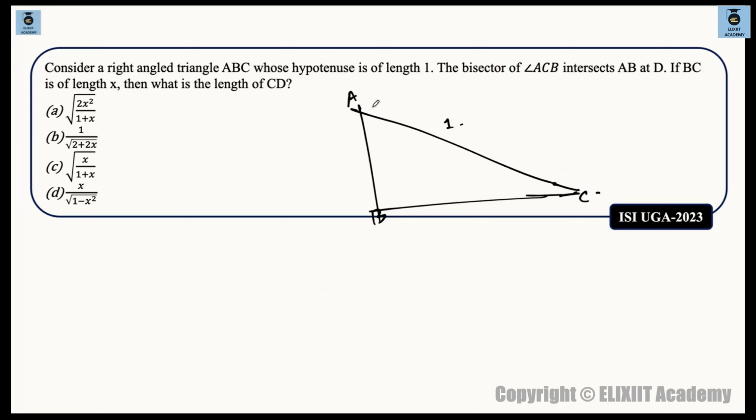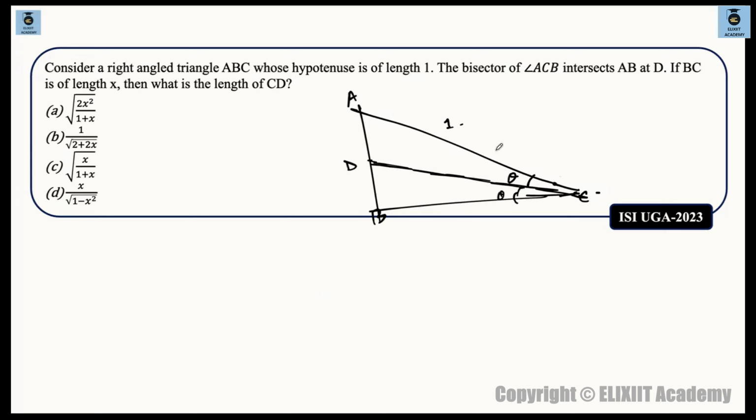Bisector of angle ACB intersects AB at D. Okay, bisector means angle bisector of angle ACB, okay. Free and diagram is there. So this is D. Since it's saying that the bisector of angle ACB intersects AB at D, here we have taken D over here. This is theta so this is also theta, because this is angle bisector, okay.